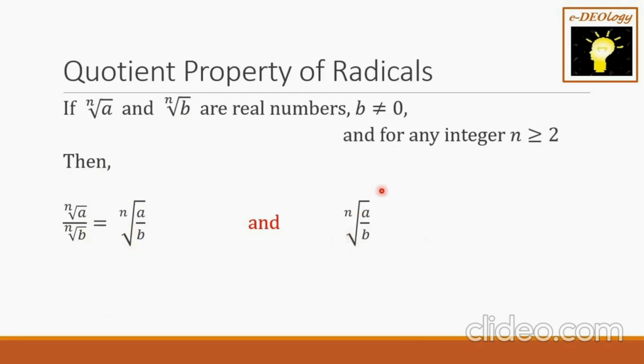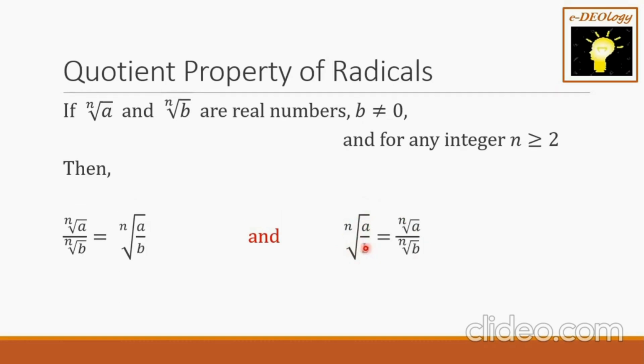Suppose I have a big radical here with an index n, and inside the radical is a fraction a over b. To simplify this using the quotient property, we're going to distribute the radical to the a and to the b respectively. As you see, this is now equal to the nth root of a over the nth root of b.